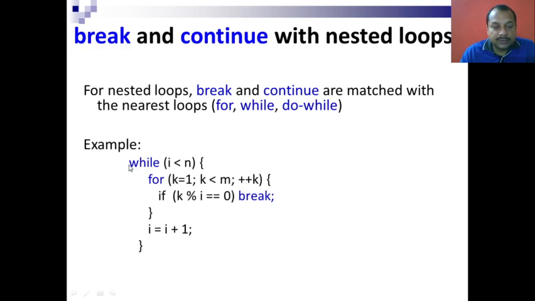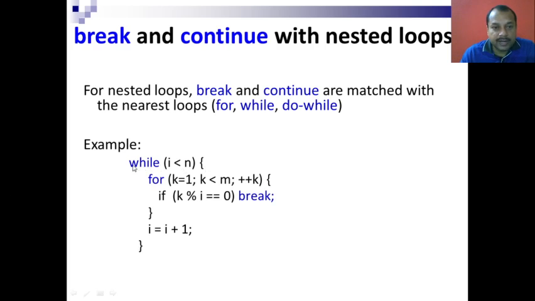In this example you see that there is a nesting: inside the while loop there is a for loop, and I believe you understand it is allowed. Although in the two previous examples it was for inside for or while inside while, while inside for or for inside while are also permitted. Here I am not focusing on the logic of this program.